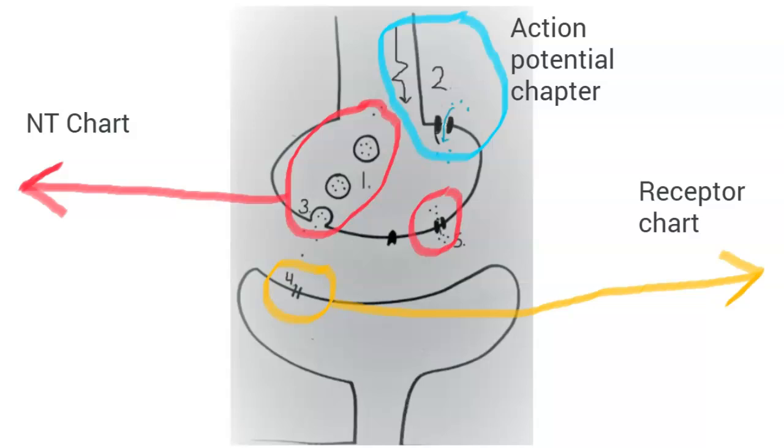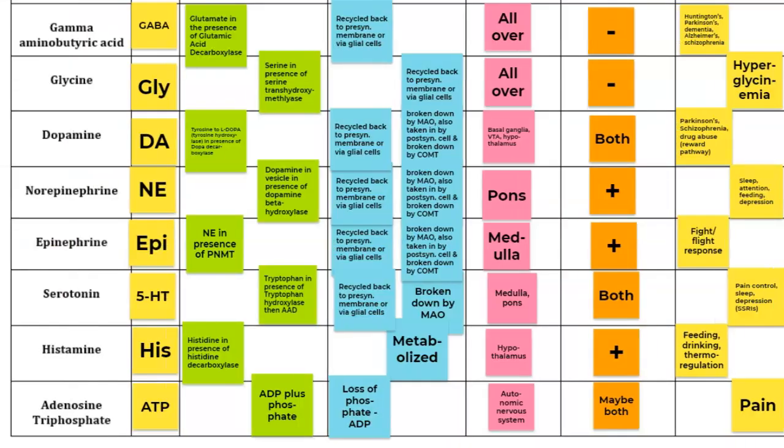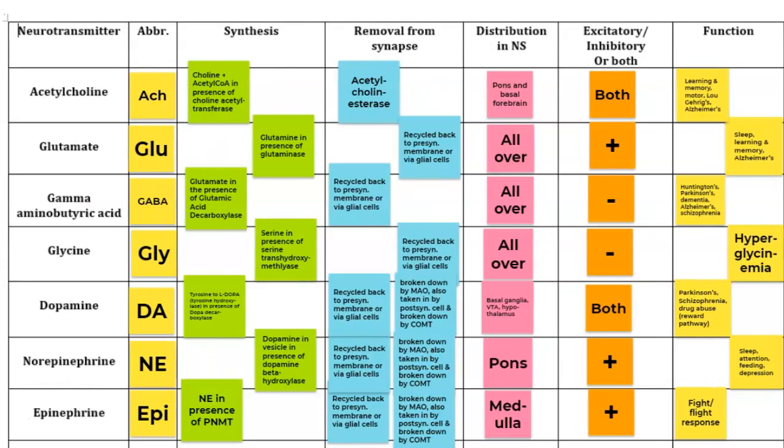So when we move into this receptor chart, it is beneficial to also go back and look at the neurotransmitter chart. Actually, let me go back one more. There we go. When we talk about the different neurotransmitters and how they are excitatory or inhibitory, or some of them are both, this is where we get into the activity of the receptors.